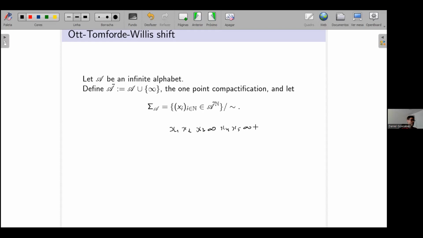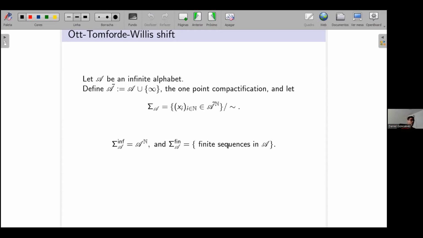And I say this is equivalent to any other sequence that has the same beginning, x1, x2, x3, infinity, and anything else after. So I just look at a sequence that repeats the first n entries that are not infinity and agree in the next entry, infinity. Really, I'm just cutting here. I'm just looking at the finite sequences in my alphabet. So the full shift is really going to be all the infinite sequences together with finite sequences, okay?